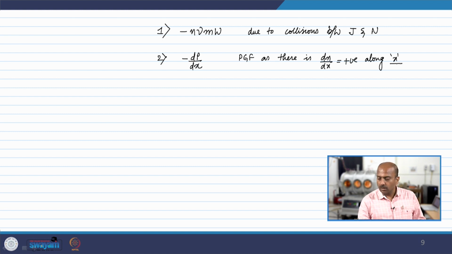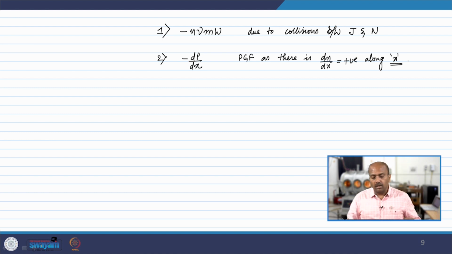Now, if you want the drift velocity W to remain constant, you would expect that the opposing force, which is created and is retarding the minor gas species because of the collisions, must be equally balanced with the pressure gradient force due to the concentration gradient.